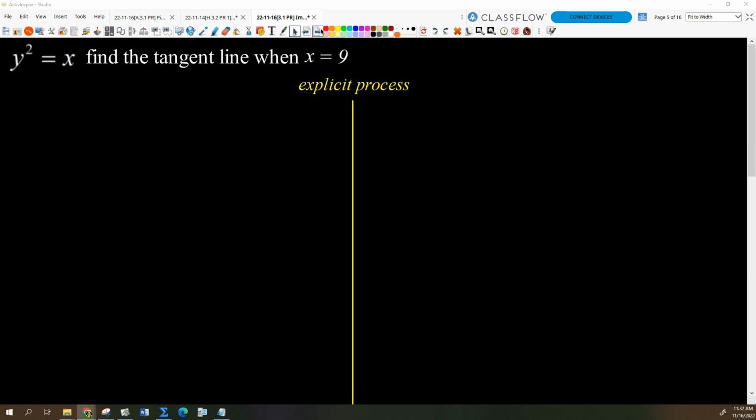Okay, again, what did we just do, right? We solved this thing up here. We said y equals plus or minus the square root of x. And if we take y equals positive the square root of x on one side and y equals negative the square root of x on the other side, we ought to be able to work our way down and find those tangent lines.